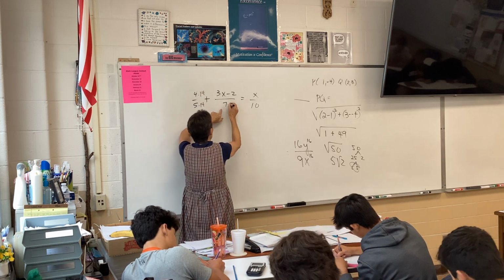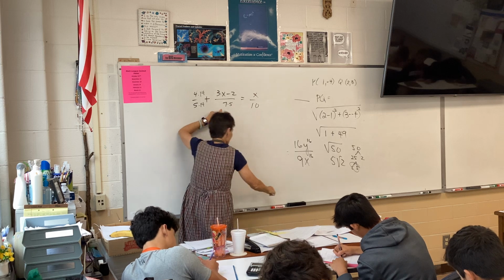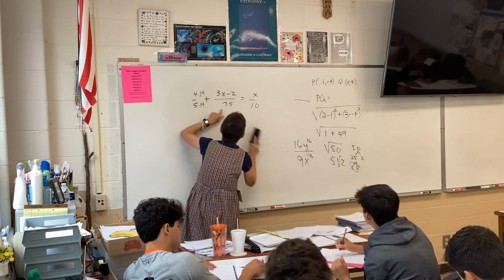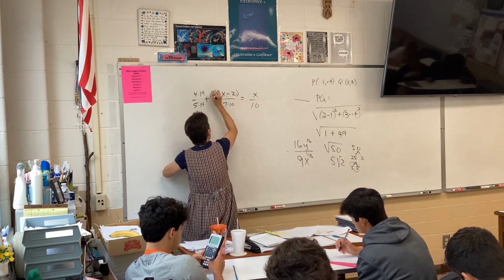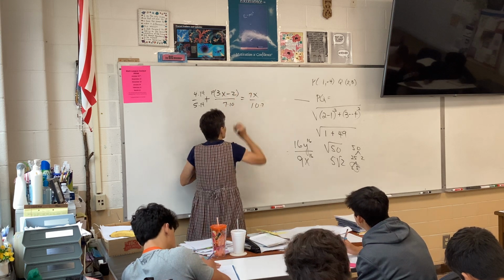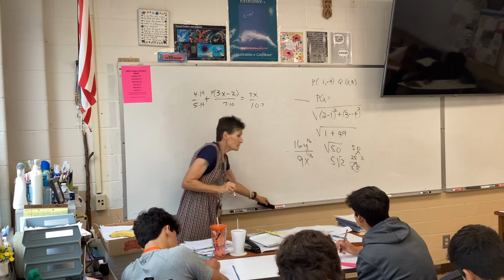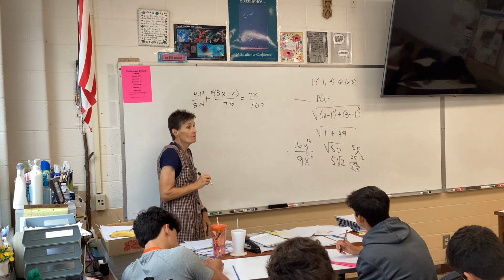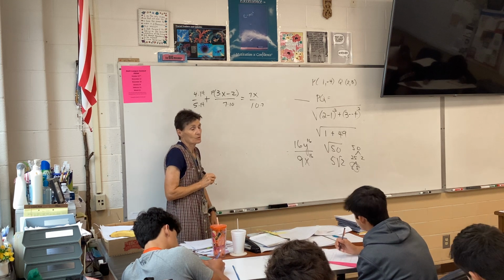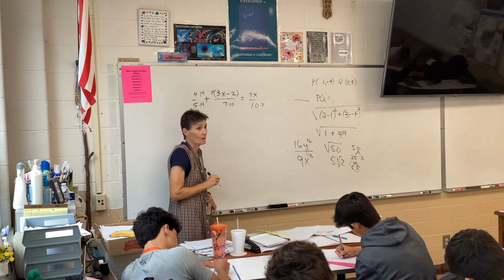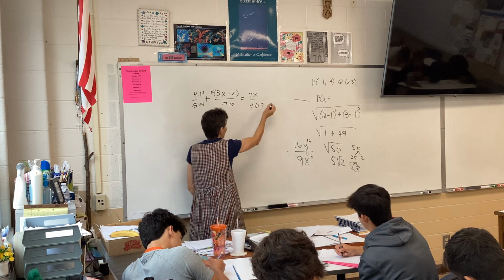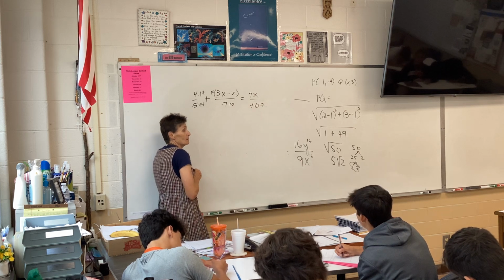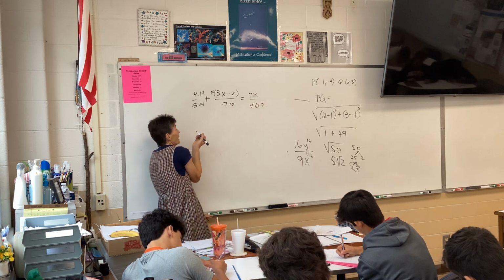This one by, how about 10? And this one by 7. Is that okay with everybody? There are lots of common denominators that you could use. 70 is the smallest one. Okay, now all the denominators are 70. So I can forget them.